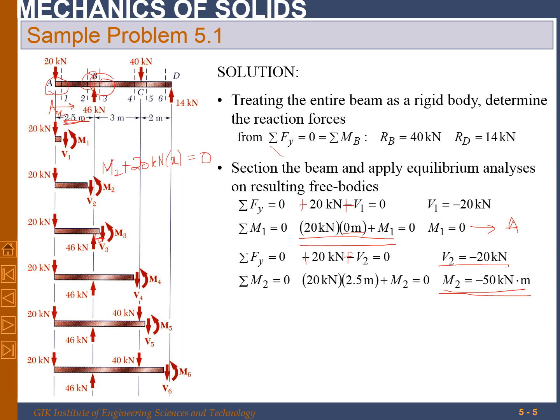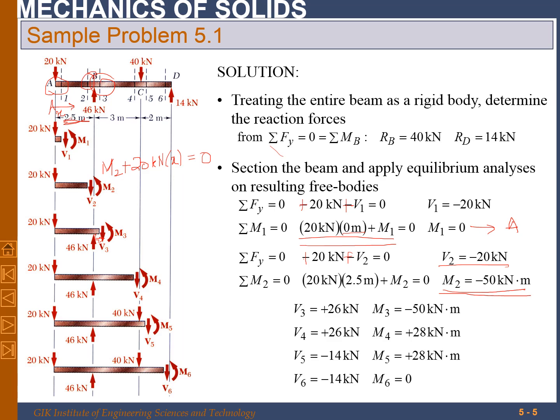V downward will be positive, moment in this direction will be positive. So now if we write the expression for this one, that is V3 minus 46 plus 20 is equal to 0. Now V3 will become plus 26 kilonewton.